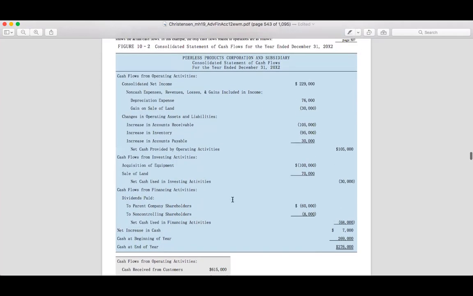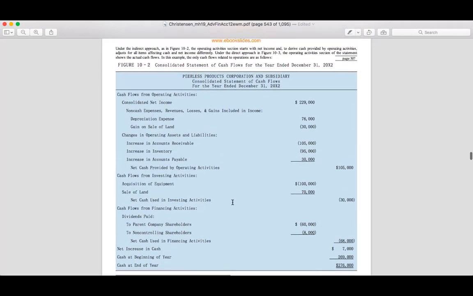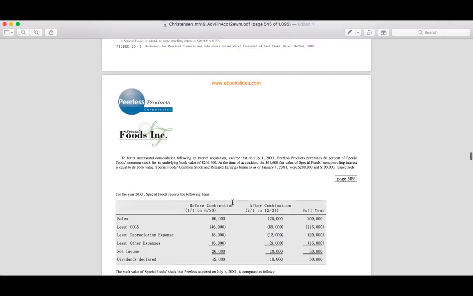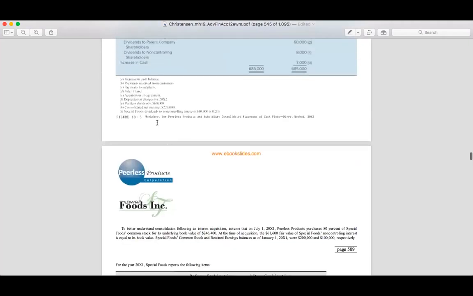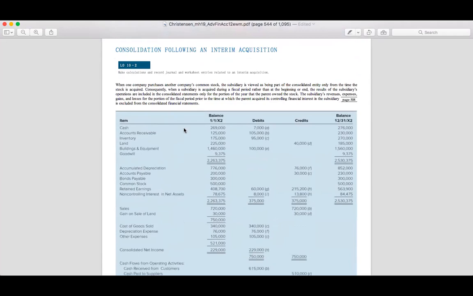If you want to find it in the book, it's on pages 107 and 108 for figure 10.3. So that's actually the difference between the direct method and the indirect method.